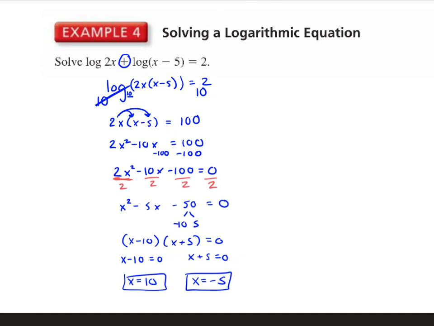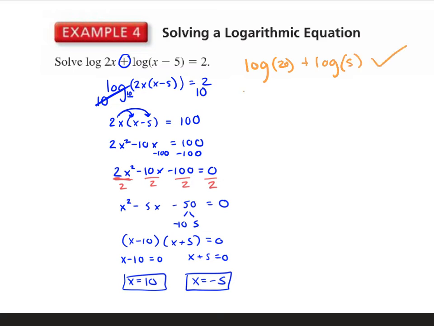So let's check for extraneous solutions here. Plug in 10 and negative 5. If we have log of 10 times 2, so log of 20, plus log of 10 minus 5, which would be 5. So these are both positive. 10 works.